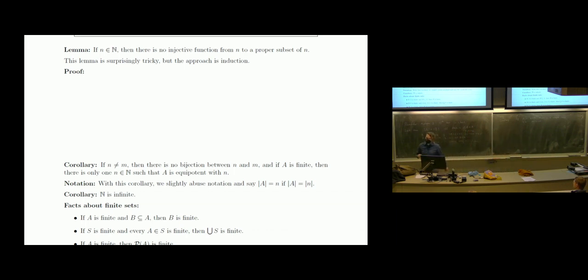Okay, so this is a very desirable thing. If we think that cardinality measures sizes, and that our natural numbers measure their own size, this will be very desirable.